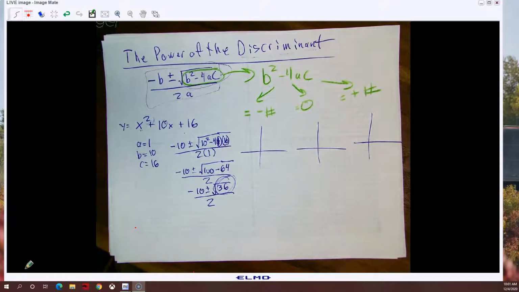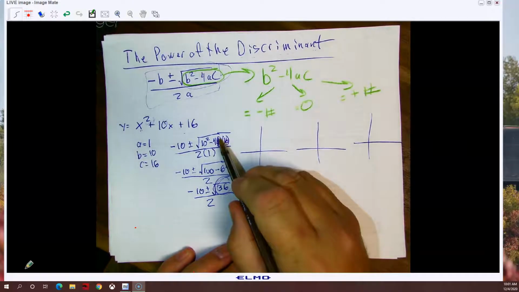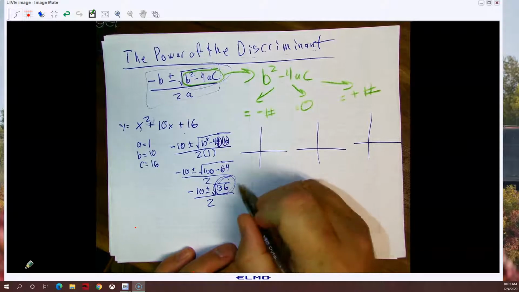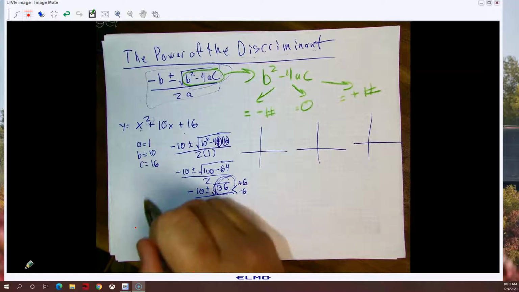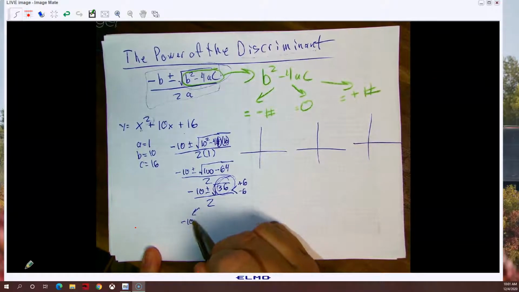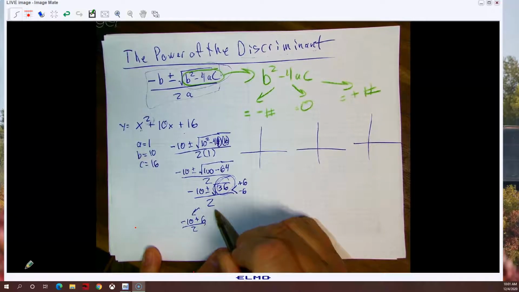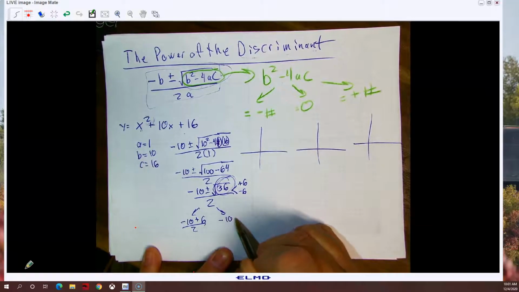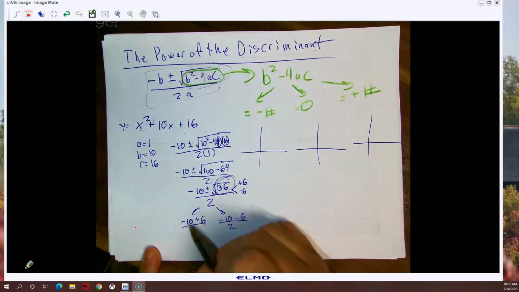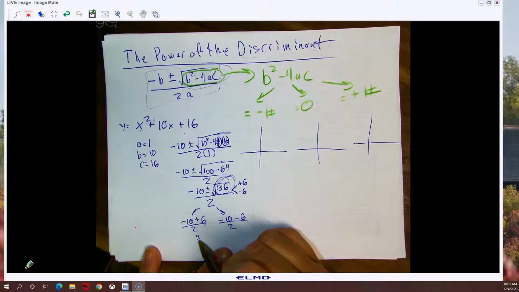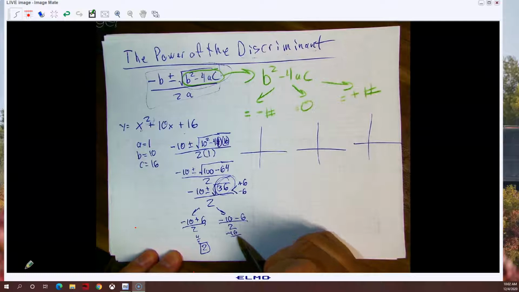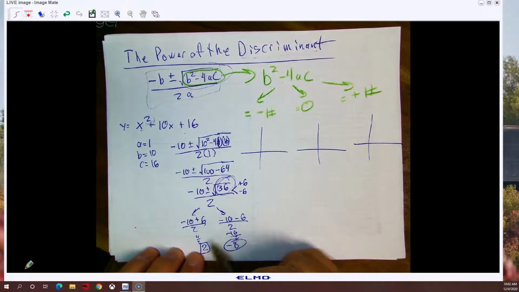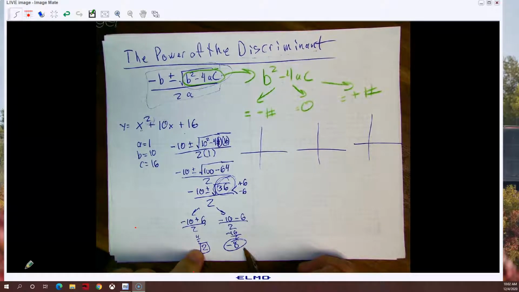Now, that positive number allows me, because it's under a square root, to take the square root of 36, which is plus 6 or minus 6. So in this case, I have negative 10 plus 6 over 2, and I have negative 10 minus 6 over 2. In which case I get 4 over 2, which is 2, or I get negative 16 over 2, which is negative 8. And in this case, I have two solutions.